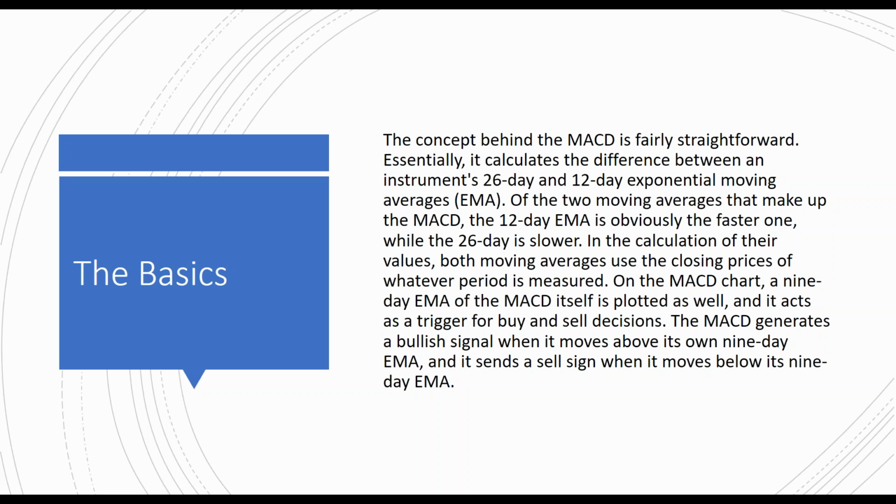Now, for those of you who don't know what an EMA is, or an SMA, a simple moving average: if we were to use, forget MACD, a 10-day moving average or a 10 time frame moving average, we would take the last 10 numbers, add them together, and divide by 10.